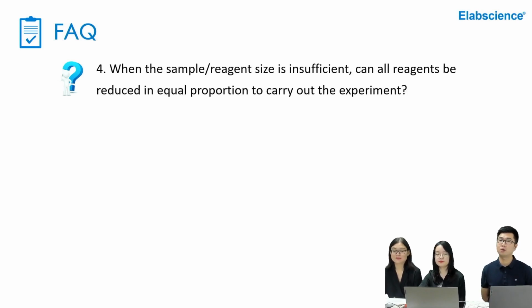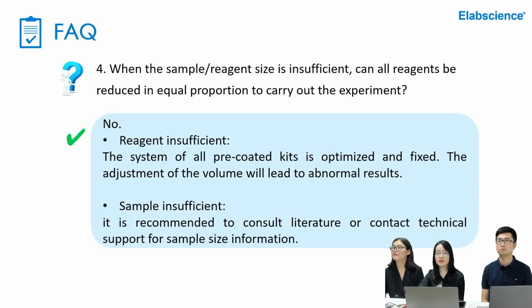Then let's see question number 4. When the sample or reagent size is insufficient, can all reagents be reduced in equal proportion to carry out the experiment? No, the system of all pre-coated or the ready-to-use kits is optimized and fixed. The volume adjustment of the individual or the overall components may lead to abnormal results.